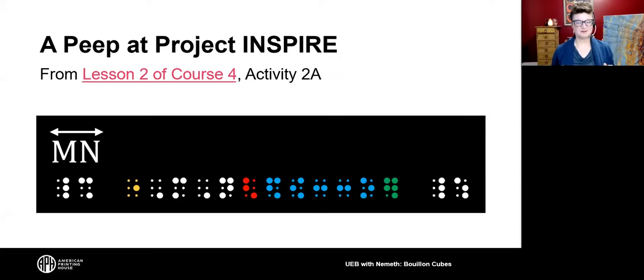So for this, to transcribe this into Nemeth Code, we enter our bubble with the opening Nemeth Code indicator. Then we tell the Braille user what comes after this is modified by using a dot 5. What is modified is capital M, capital N. We individually capitalize our letters in the Nemeth Code.